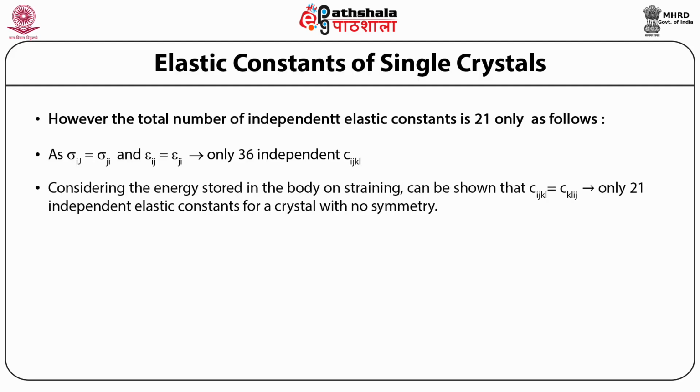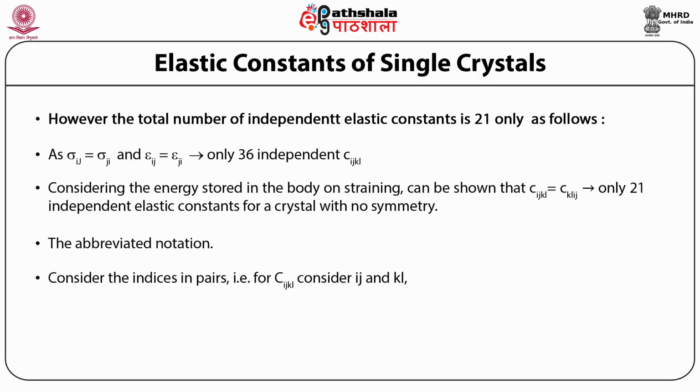By considering the energy stored in the body on straining, it is found that Cijkl equal to Cklij, that is, the indices can be exchanged pairwise. This reduces the number of independent elastic constants to 21 only. This number is further reduced when the symmetry of the crystal is considered.